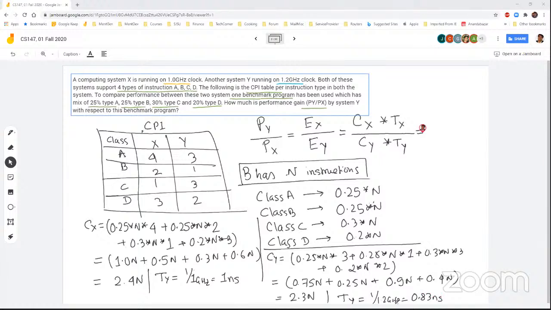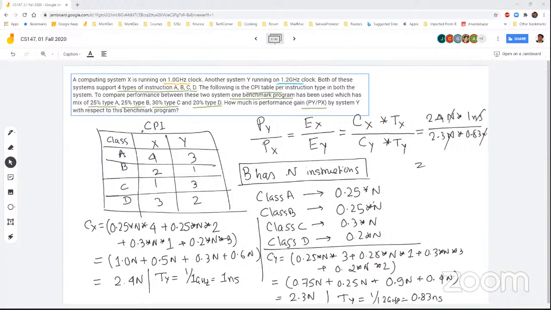So let's put this number in: 2.4n multiplied by 1 nanosecond, and here is CY, 2.3n multiplied by 0.83 nanosecond. So the nanosecond unit will nullify.